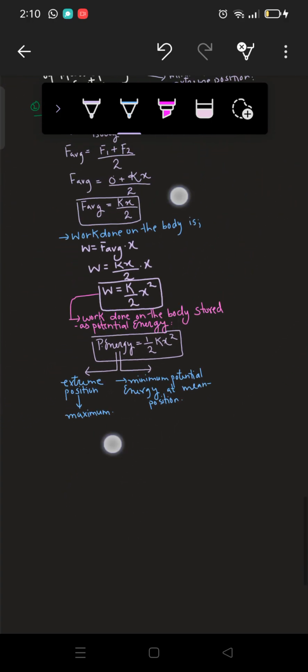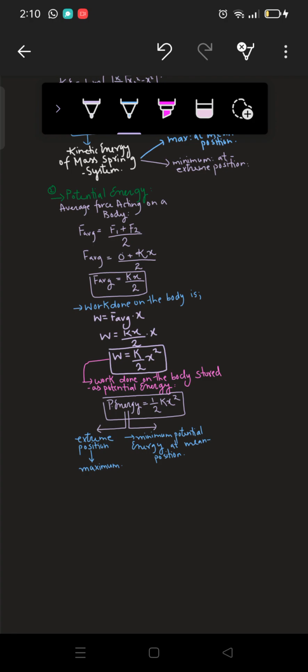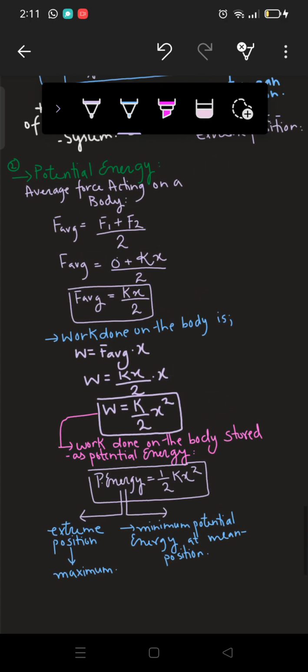Now see what we have done today. We have derived the formula for finding the potential energy of the mass spring system, and before that we found the formula for the kinetic energy of the mass spring system. We started by taking the concept of average force, right? Average force equals F1 plus F2 over 2, and we know that F1 is 0 and F2 is kx, so kx over 2 is the average force.